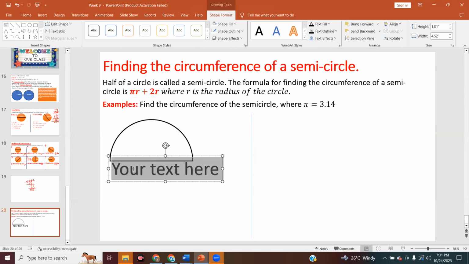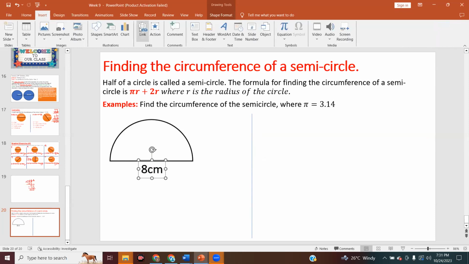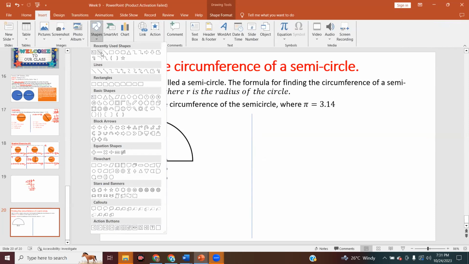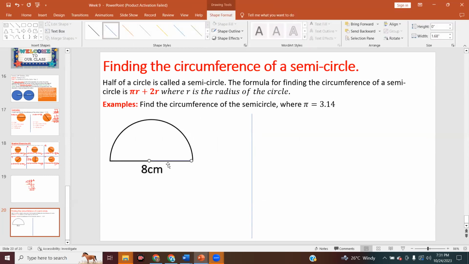So let's say that this is 8 centimeters. Let me just make it very obvious that we're talking about this part.